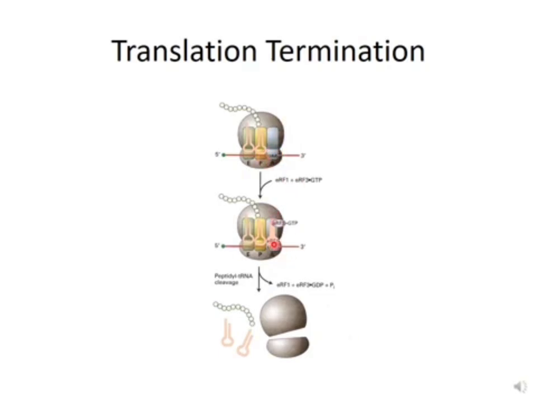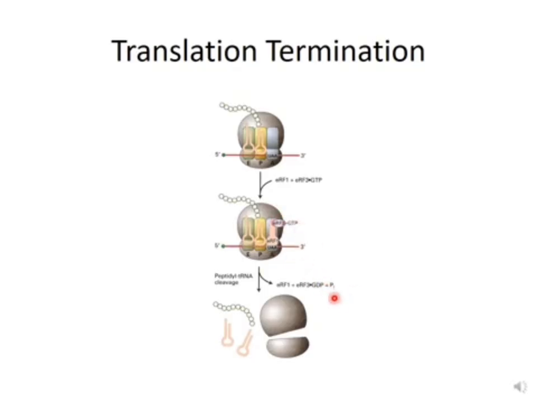The release factor 1 bound to release factor 3 bound to GTP associate or base pair with the stop codon because they have complementary sequence to the stop codon. Once it is bound, ERF3 bound to GTP is hydrolyzed to ERF3 bound to GDP plus a phosphate group.